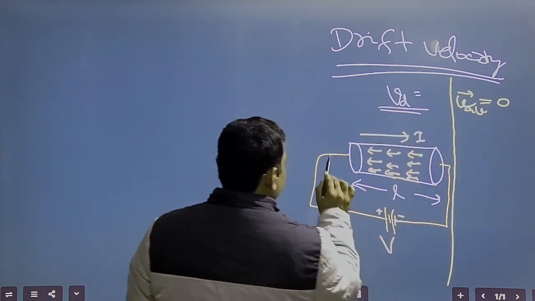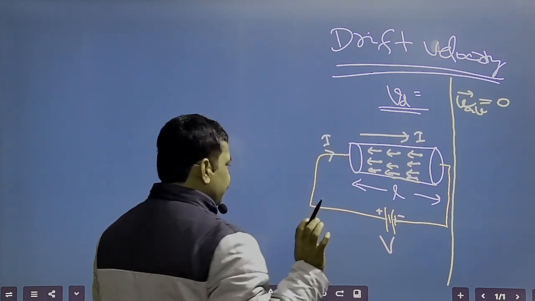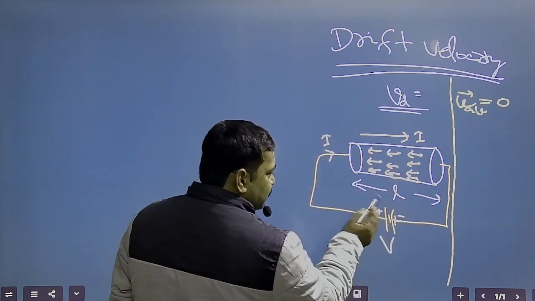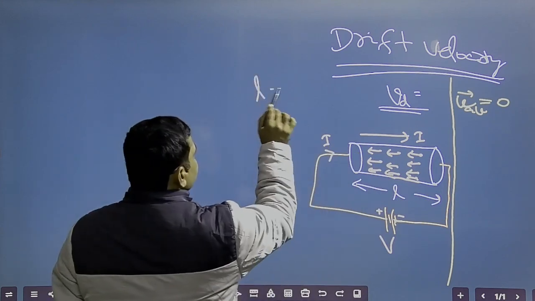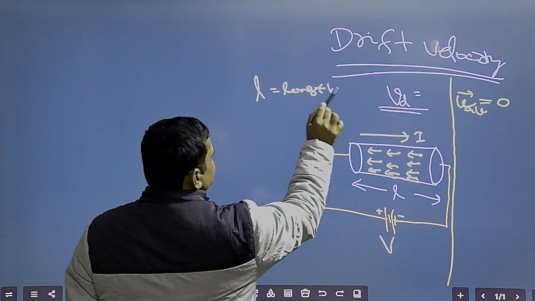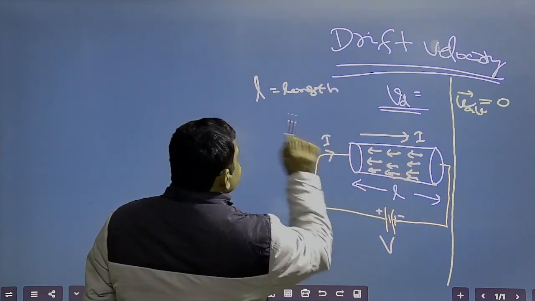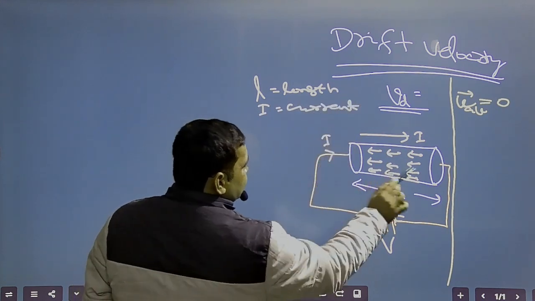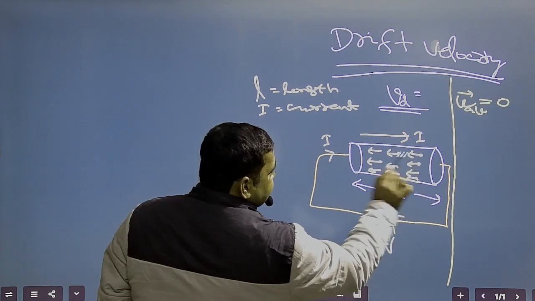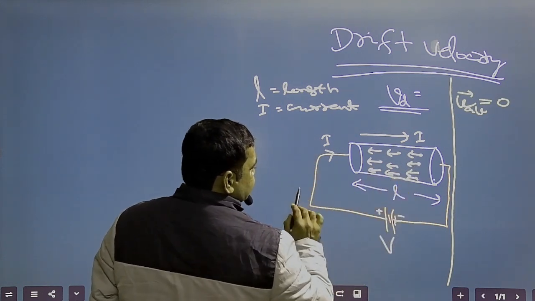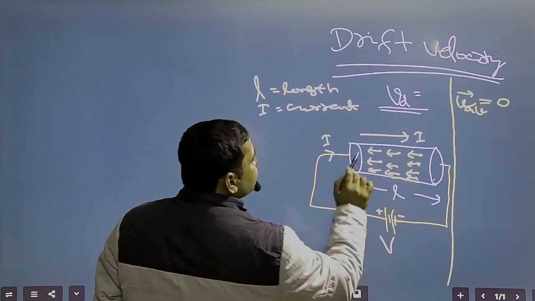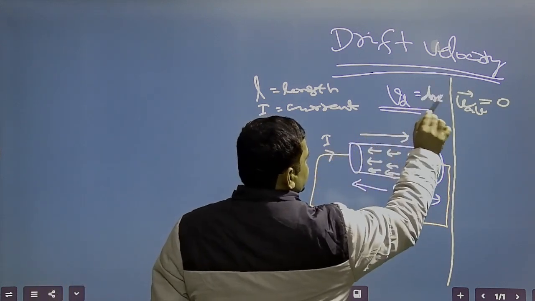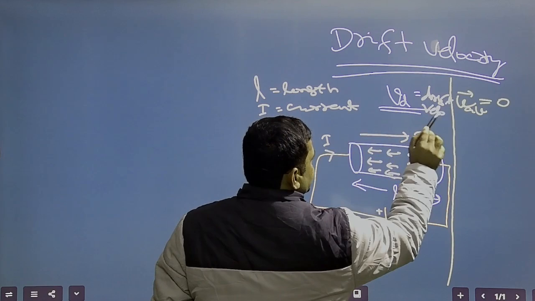Let this current be I. Already we have assumed that L is the length of the conductor. When these charges are drifted from this end to this end, suppose they are moving with the average velocity Vd. So Vd is your drift velocity.